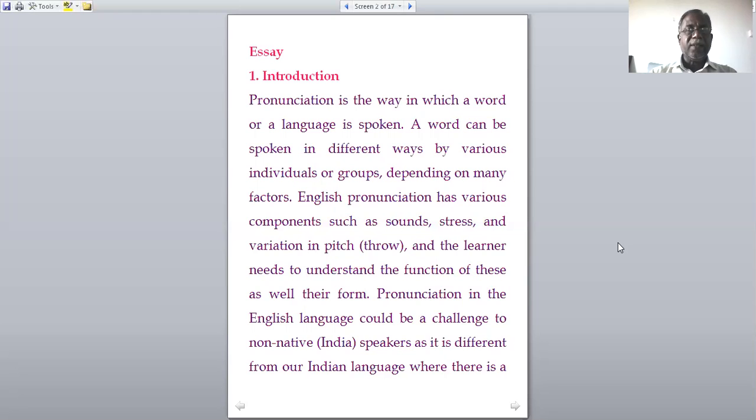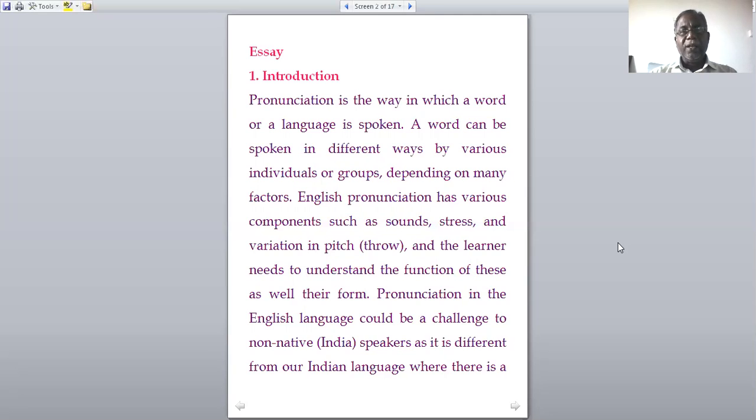So the second sentence: a word can be spoken in different ways by various individuals or groups. Same English, here we speak in a different way. Kerala people will speak in a different way. We say lorry, they say lorry. We say opponent, they say opponent. Same spelling. See the sound system.